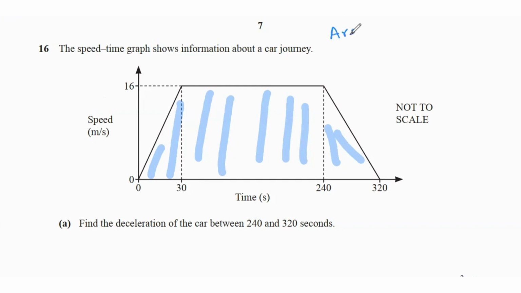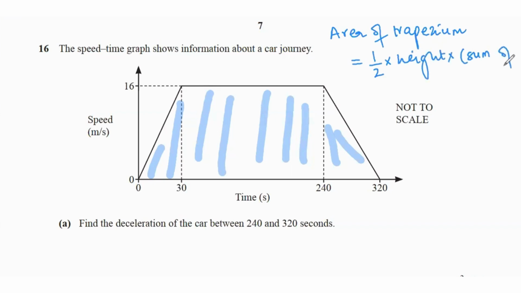So area of trapezium basically has the formula of 1 over 2 times height times sum of parallel sides. So that means it's going to be 1 over 2 times 16, because 16 is your height.